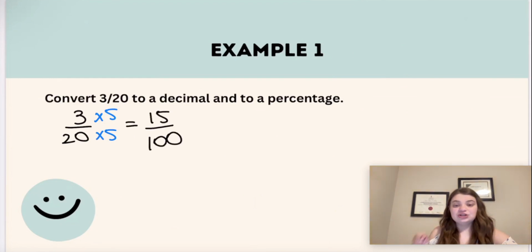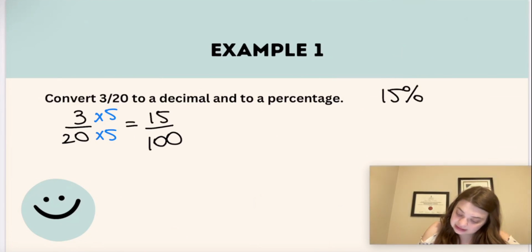Now, a percentage is just a fraction out of 100, so to switch this to a percentage, I'm going to just write 15%. And as for decimals, recall that for decimals, we have the different place values. So this place here, right after the decimal, is called the tenths place.